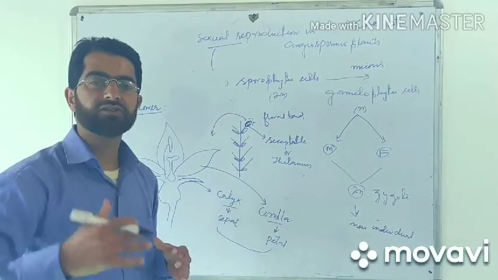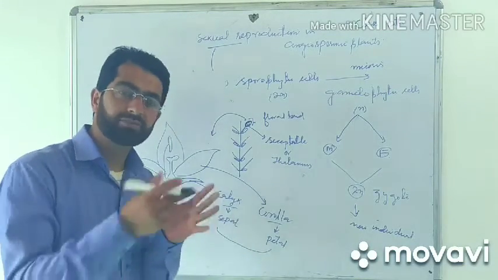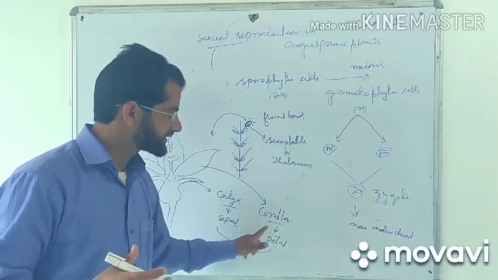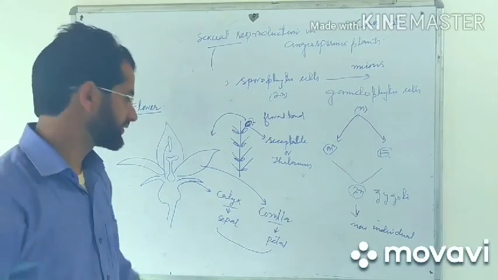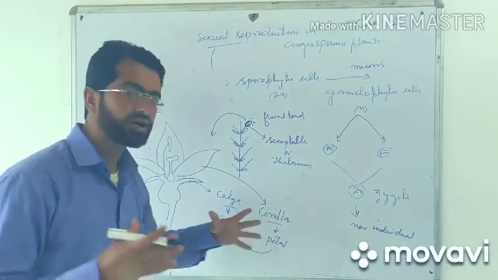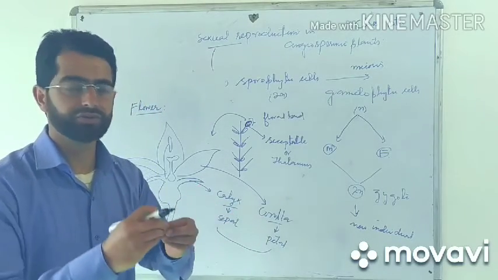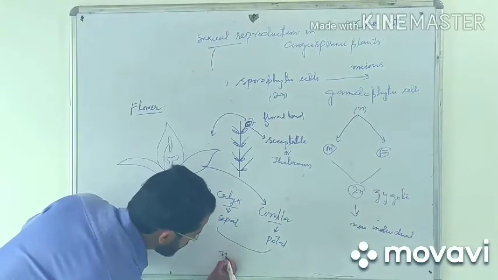That means they are not involved in the act of sexual reproduction. Calyx and corolla have a supplementary role. That means calyx protects at the bud stage, while corolla attracts insects or pollinators while opening for the act of pollination. But they are not involved directly in the development of male and female gametes or their fusion. That is why we call them non-essential whorls.